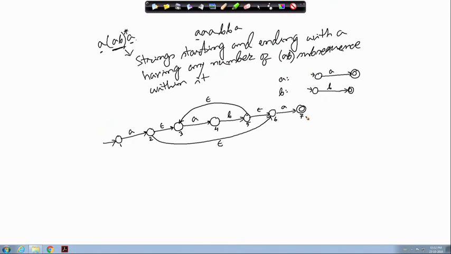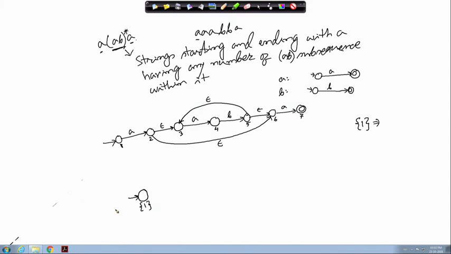Initially I have to see from state 1 how I can go to other states. So, on epsilon transition, to which other states can I go? Here you see that on epsilon transition you cannot go anywhere. So, your state number 1 is the start state of the DFA.